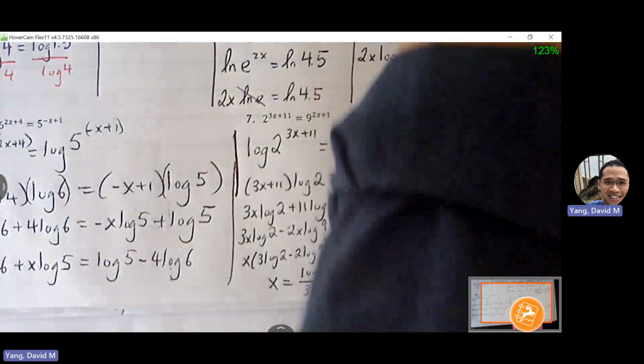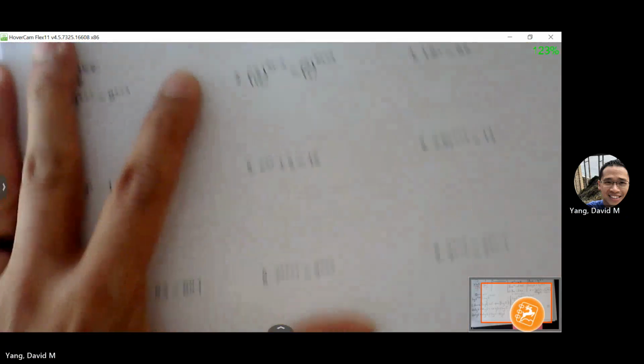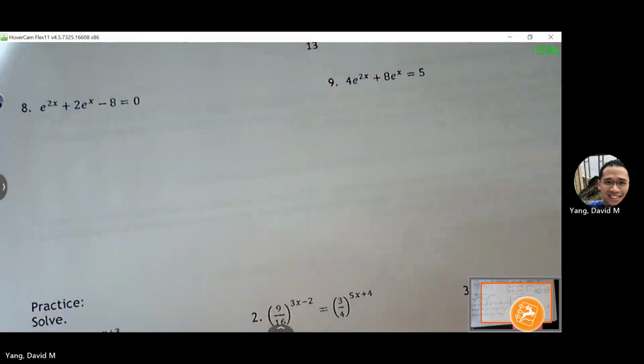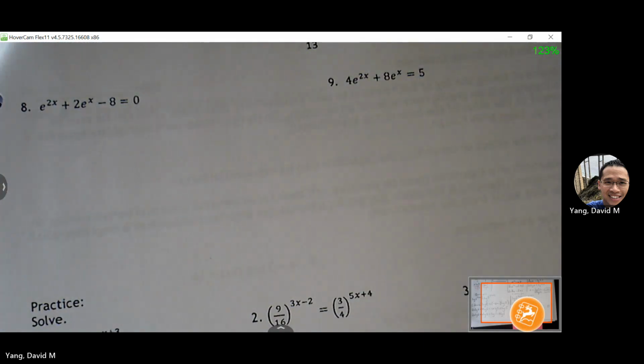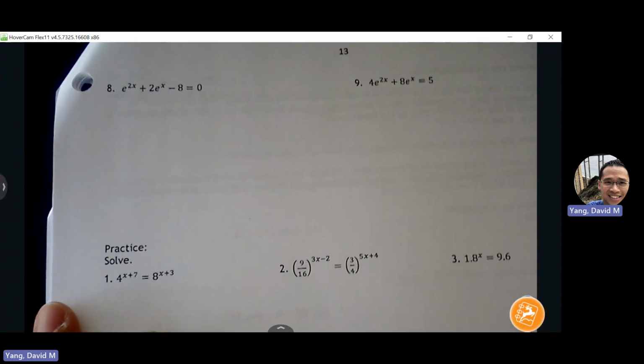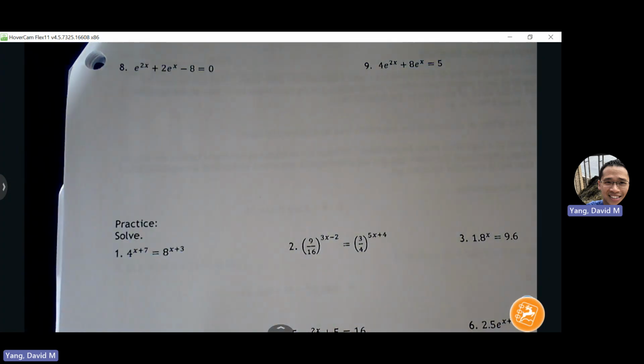Okay, all right, let's go to page 13. Okay, this is a little bit more challenging in terms of figuring out the relationship here, but you see how this is a little bit like a factoring problem.